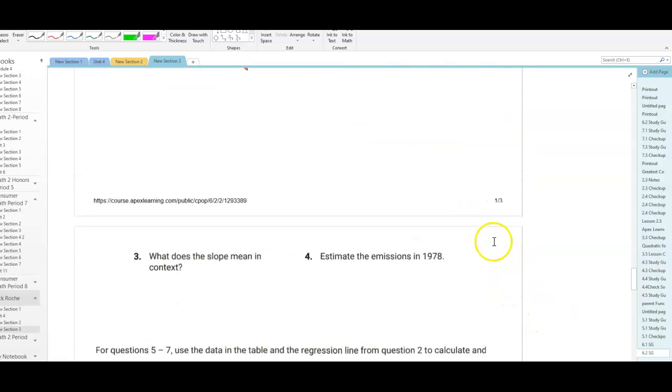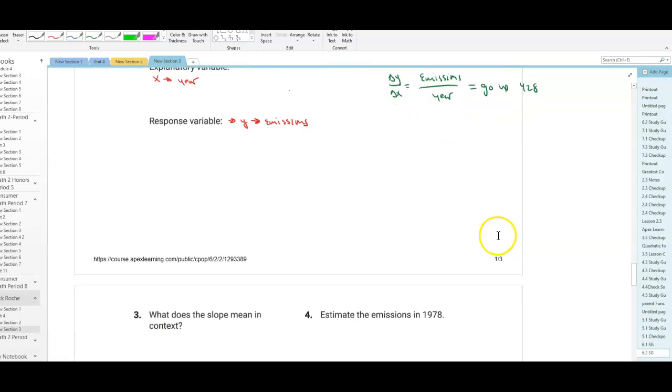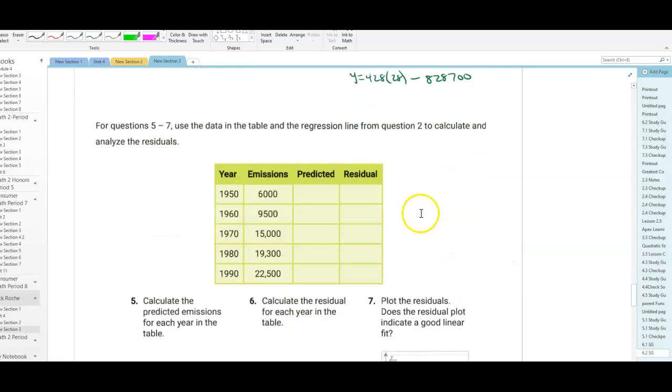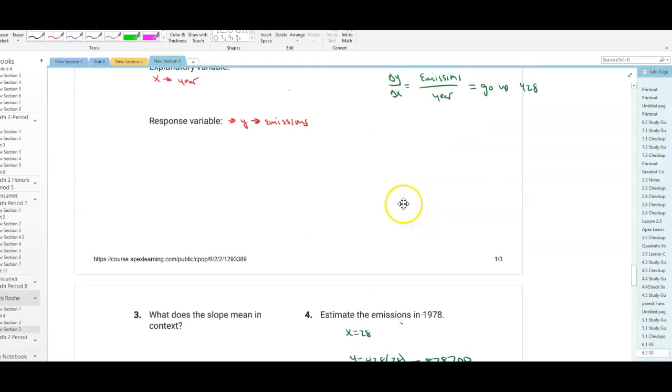Okay? And then if I wanted to estimate the emissions in 1978, I'm going to let x equal 1978.